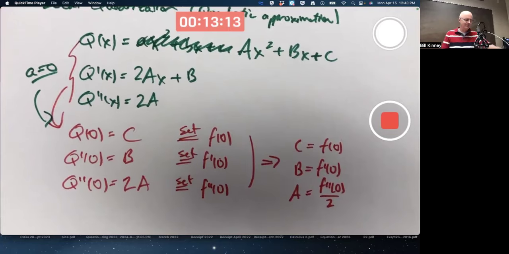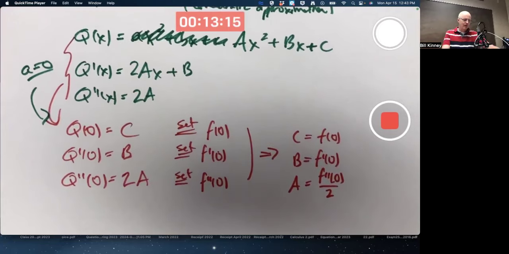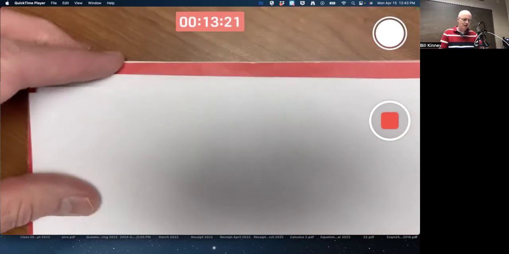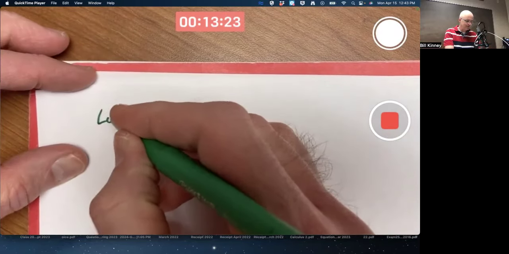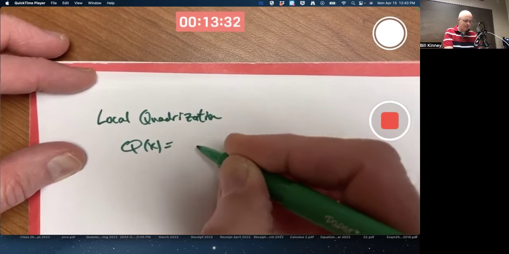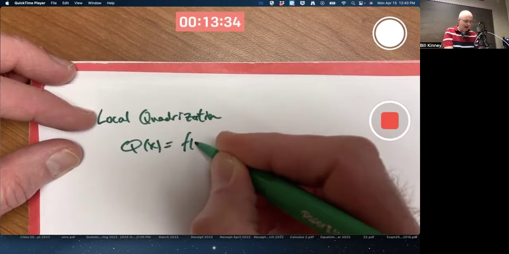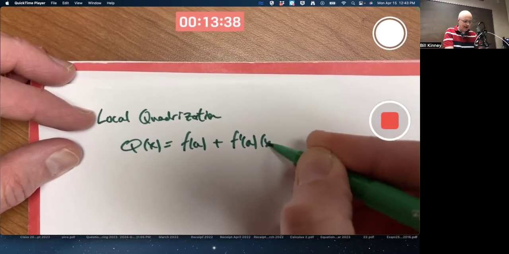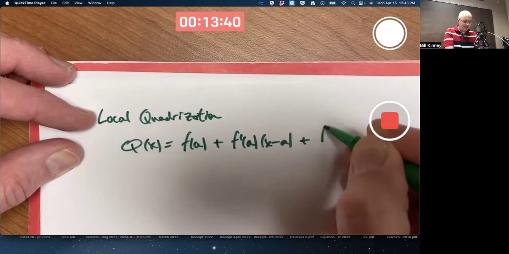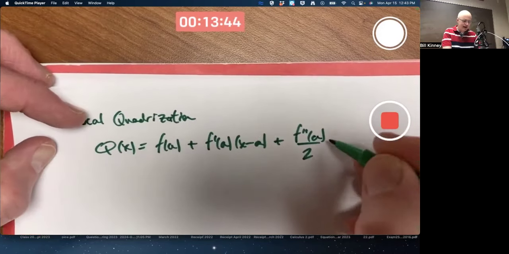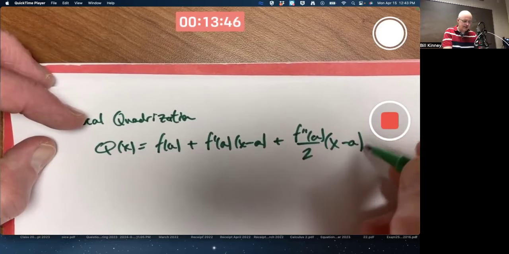If you do that, what you're going to get for your general quadratic approximation, your general local quadrization, is q of x equals f of a plus f prime of a times x minus a plus f double prime of a divided by 2 times x minus little a squared.